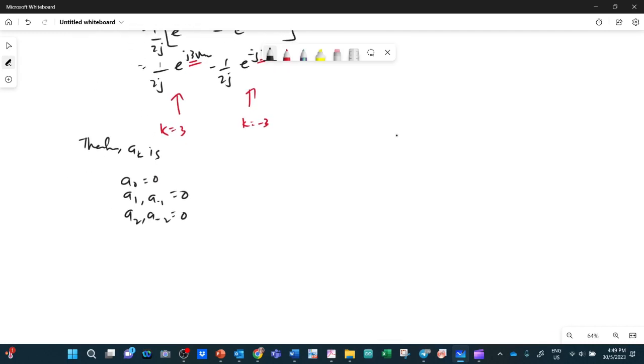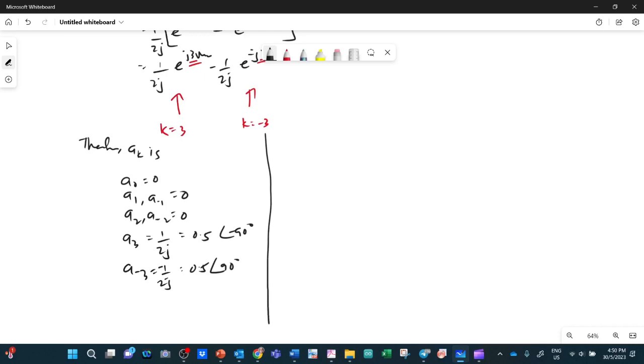You only have a3, which is 1 over 2j, which is 0.5 at minus 90 degrees, and a minus 3 is minus 1 over 2j, so you have 0.5 at 90 degrees. And what is the N value that was given? The coefficient a k is going to repeat for every N equal to 5.